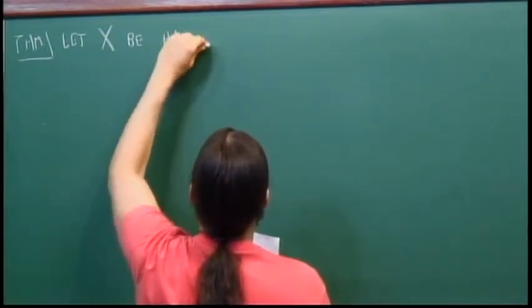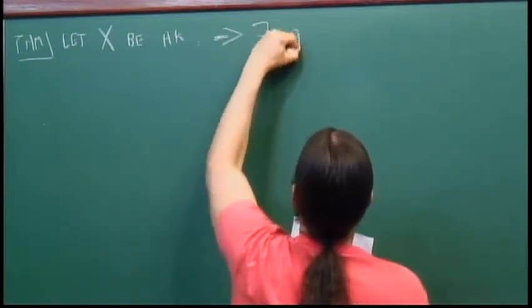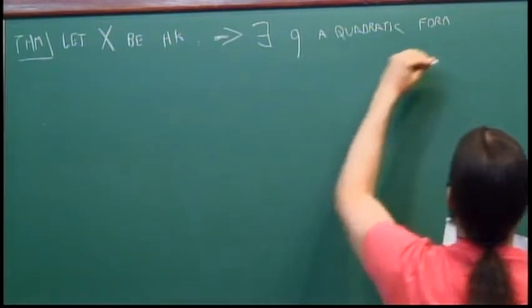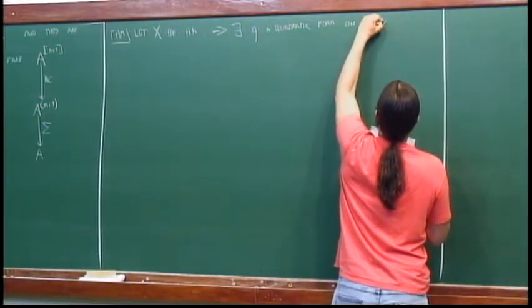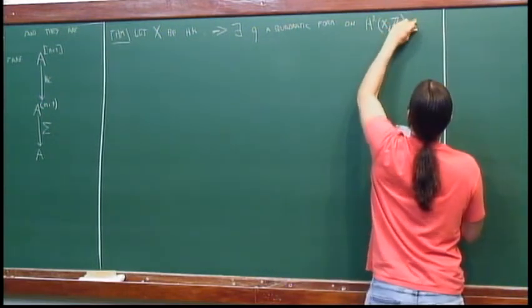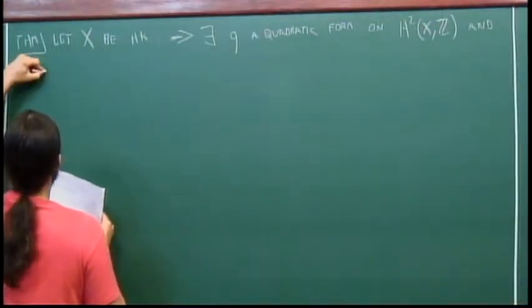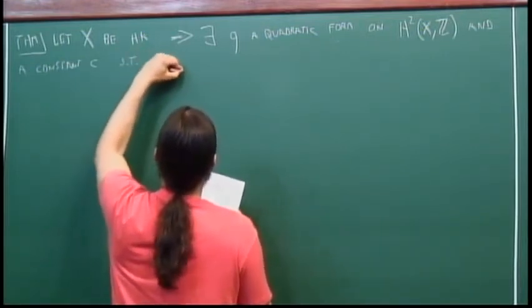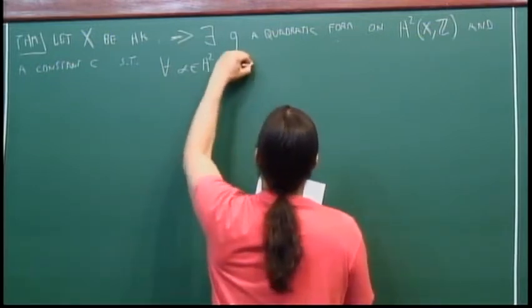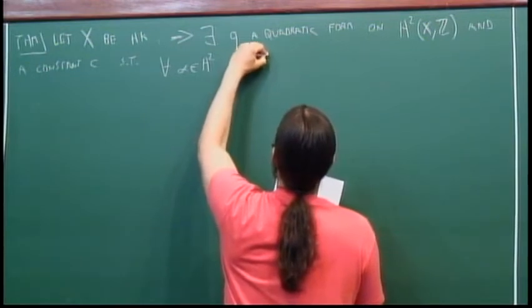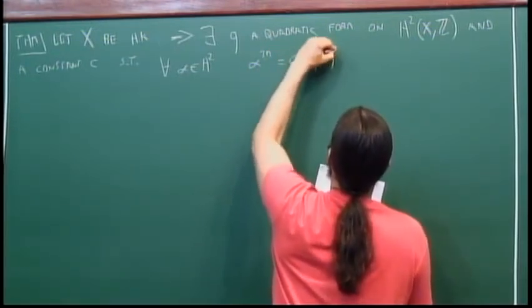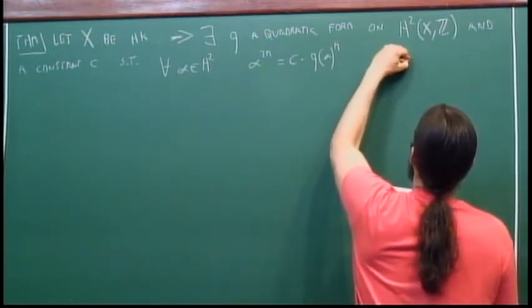So let X be hyperkähler. Then there exists Q, a quadratic form on H^2 of X with integer coefficients and a constant C such that for all classes in the H^2, the top intersection form of this class is the constant times the quadratic form to the n, where the dimension of X is 2n.